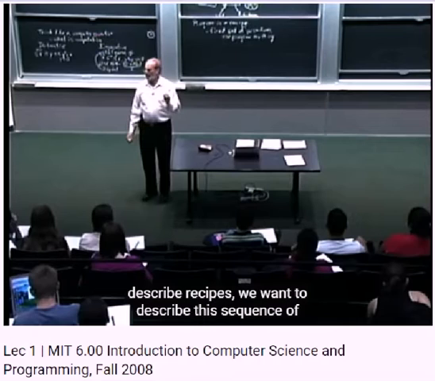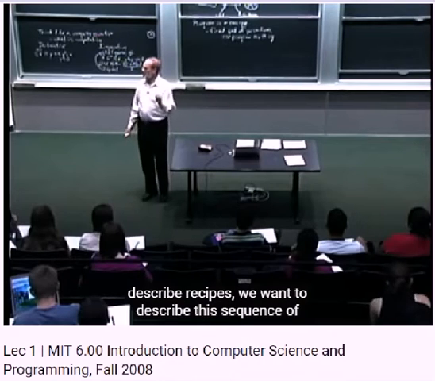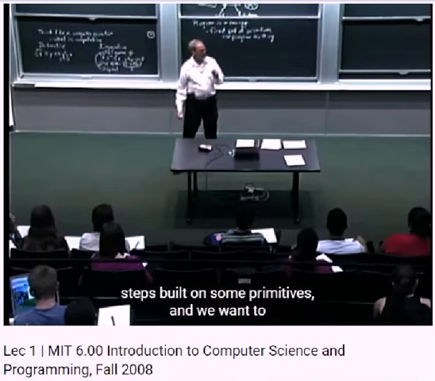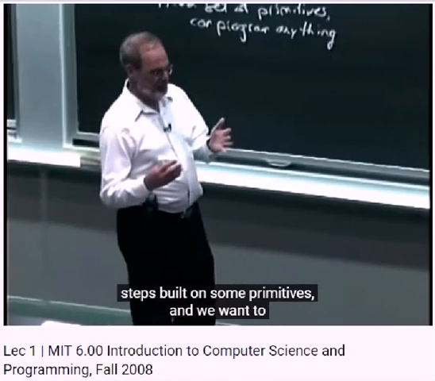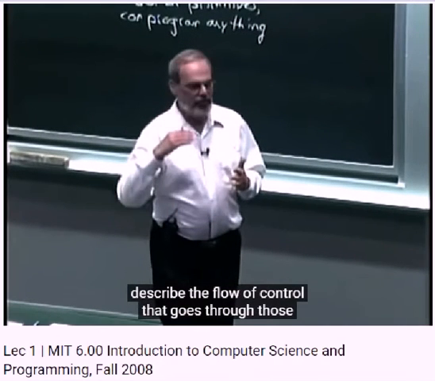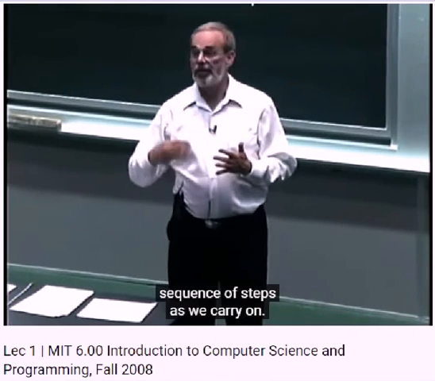We wanna describe this sequence of steps built on some primitives, and we wanna describe the flow of control that goes through those sequence of steps as we carry on.